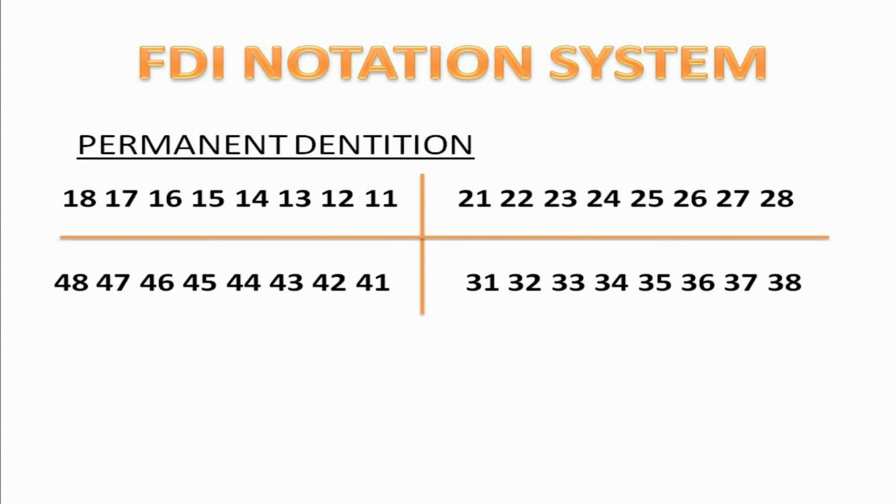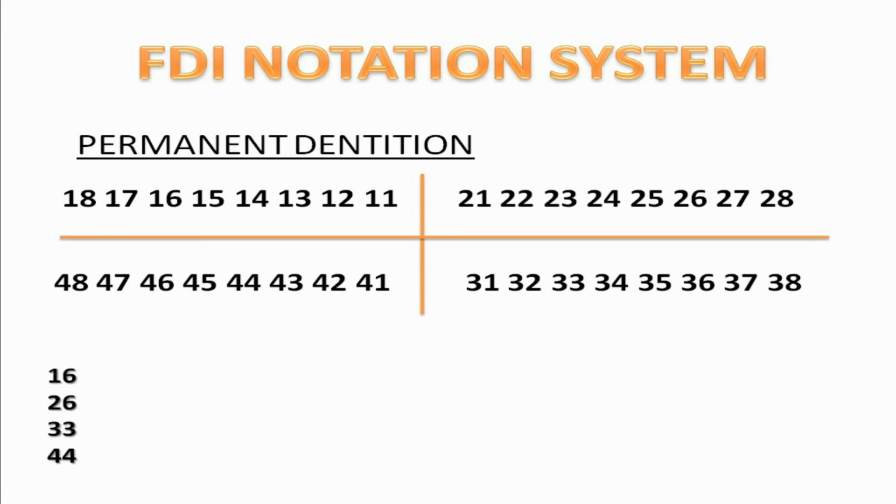So 1 is right maxillary quadrant, 2 is left maxillary quadrant, 3 is left mandibular quadrant, 4 is right mandibular quadrant. And tooth numbers 1 to 8, as we mentioned earlier: 1 and 2 are for central and lateral incisors respectively, 3 is for canine, 4 and 5 are first and second premolars respectively, and 6, 7, 8 are first, second, third molars respectively.